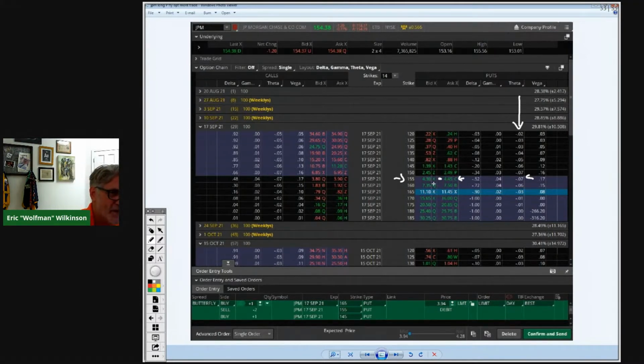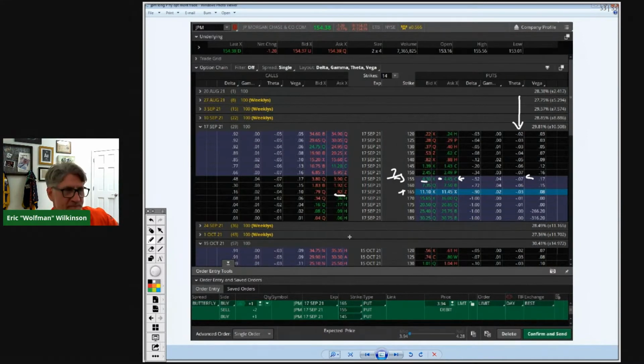It's a beast altogether different, because with this butterfly, I'm selling 2 of those, so I collect $4 for each of those. I'm buying this one with almost no theta decay, so I hope that retains value, right? And if that retains value and everything else loses all of its money, then the one that I'm long that retained that value is the one that I make the money on.